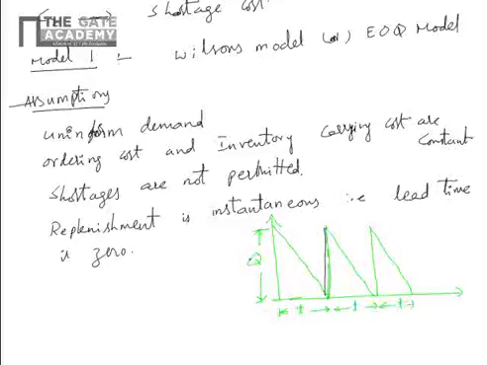So in this economic order quantity model, maximum inventory level is Q and minimum is 0. If you look at the diagram, initially it is Q, the maximum inventory.